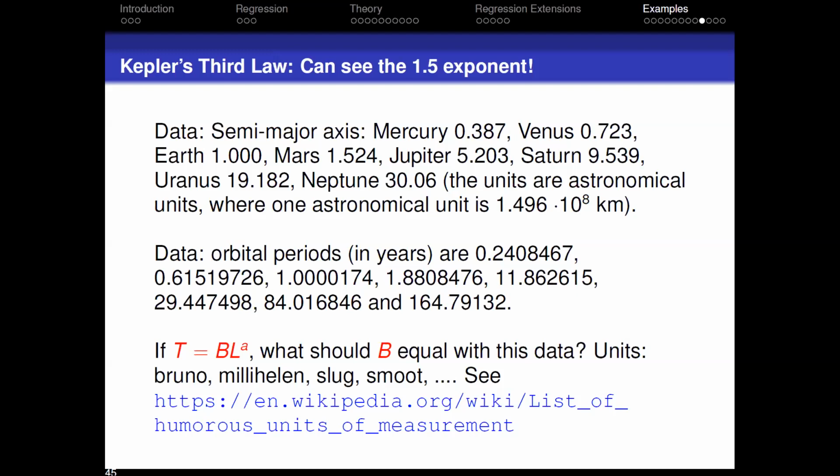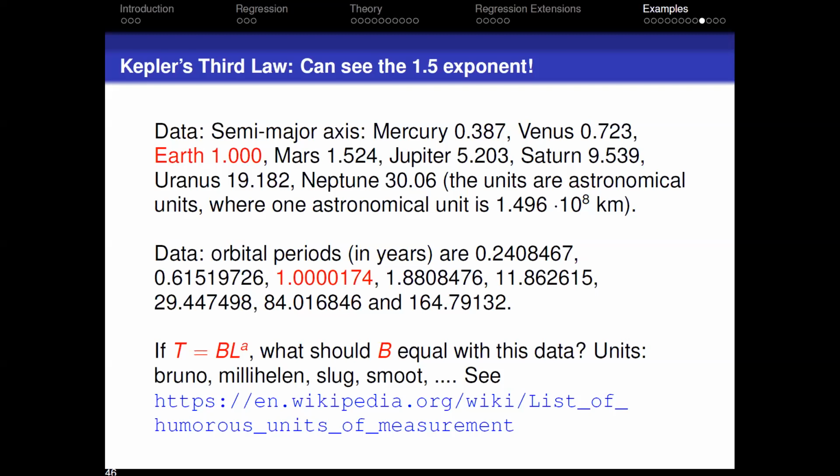Any planets you particularly like? Earth, good choice. Let's highlight Earth in red. Any thoughts now on what b should be? It should be 1. This is why I'm using astronomical units. I'm essentially choosing things so that the period of Earth is 1 and the length of Earth is 1, so that will force b to be 1.